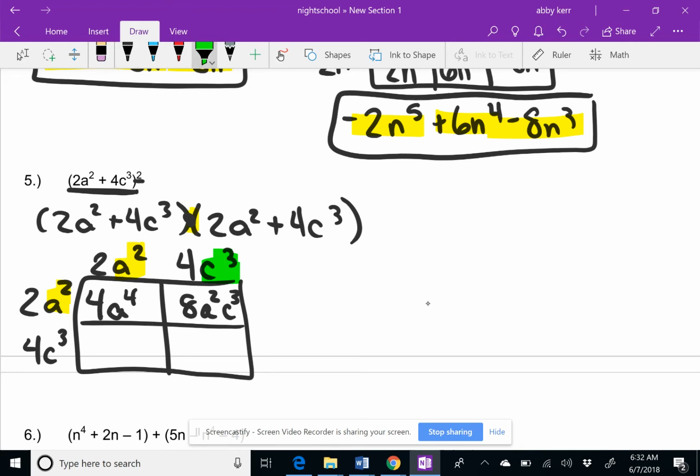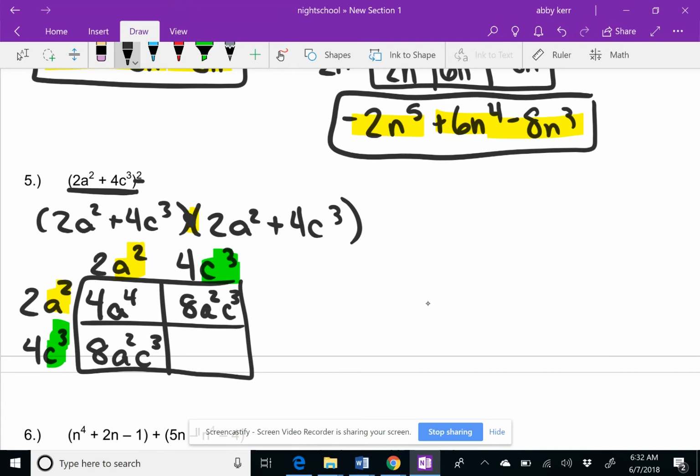Same thing with here. We do 4 times 2, which is 8, but we have a c to the third and an a squared. You can't multiply those together because they're not like variables. So what you do, you just join them and rewrite them.